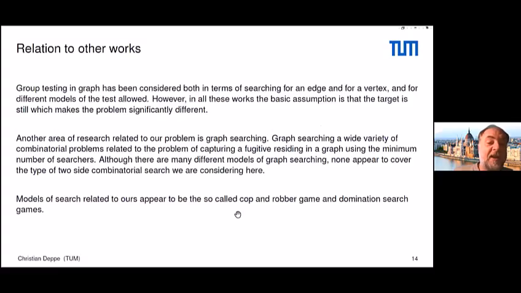That's one application. Of course, it's also related to group testing in graphs. You can think about doing group testing with moving elements. I think at the moment it's only considered with fixed elements. In all these works, the basic assumption is that the target is still, which makes the problems significantly different. Another research area related to this problem is of course graph searching, and a model of search related to ours is the so-called cop and robber game.